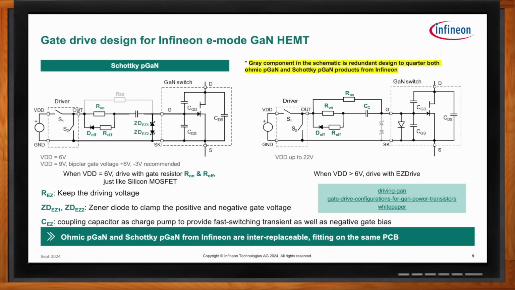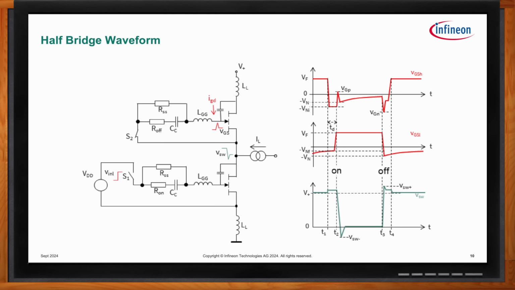So, are there any other unique design challenges that we should pay attention to when driving GaN? Yes, indeed. I would say the undesired turn-on at first pulse might be the most important to cover in our allotted time. To best understand the issue, we will review a typical half-bridge arrangement shown on the left side and its behavior through the waveform shown on the right.